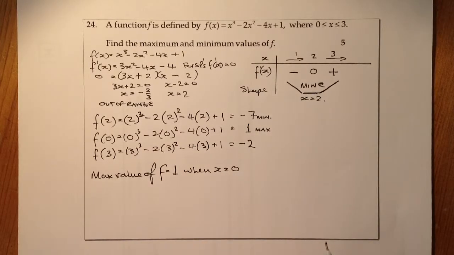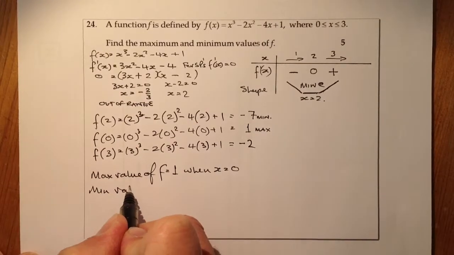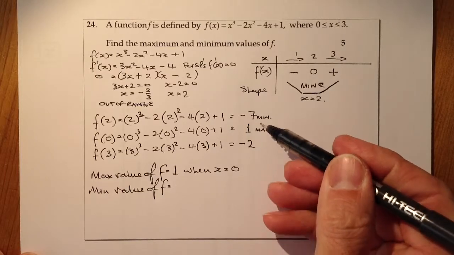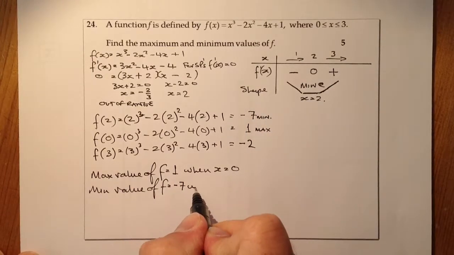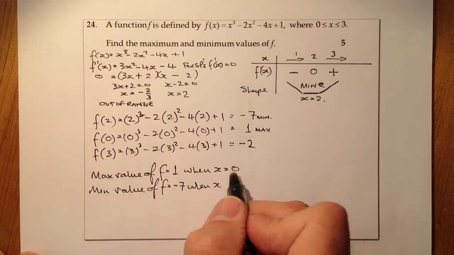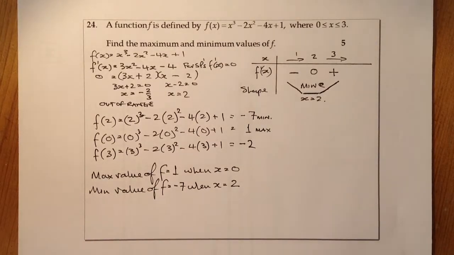Okay, so that's our maximum value. The minimum value, the smallest or the lowest that it gets to is minus 7. It's equal to minus 7, and that's when x equals 2, when I substituted 2 in. And that'd be the question complete there.